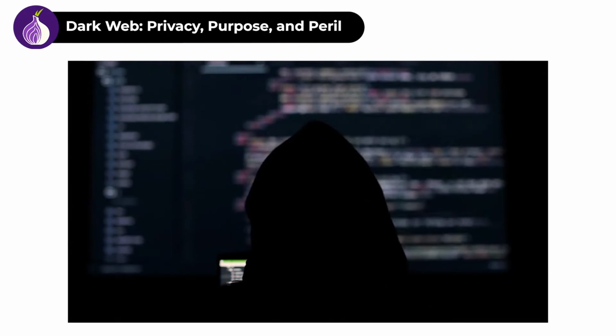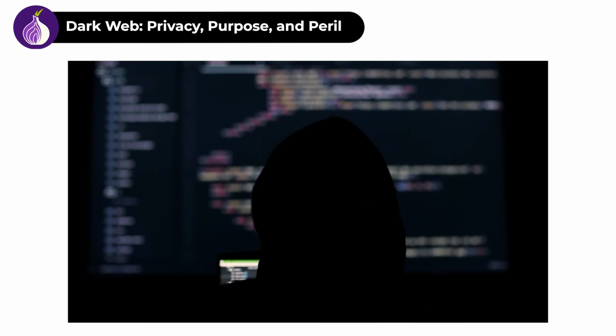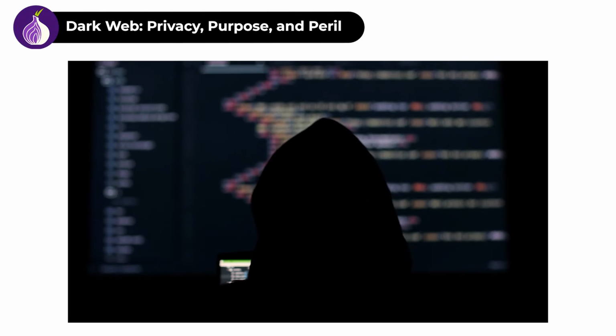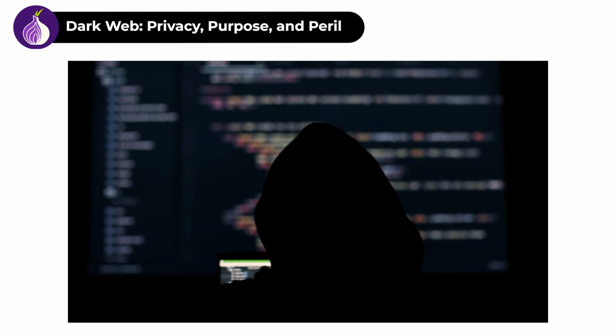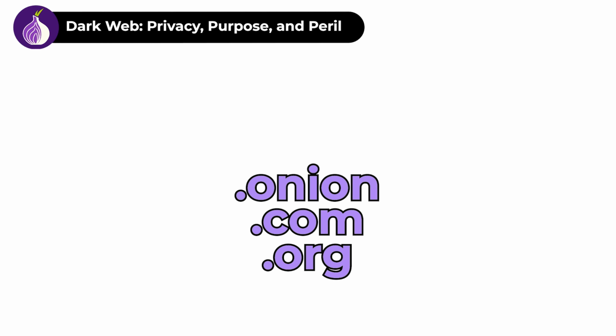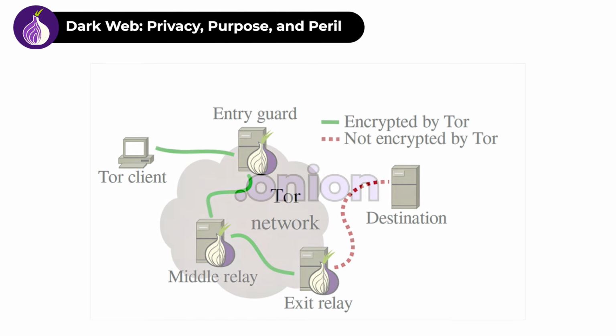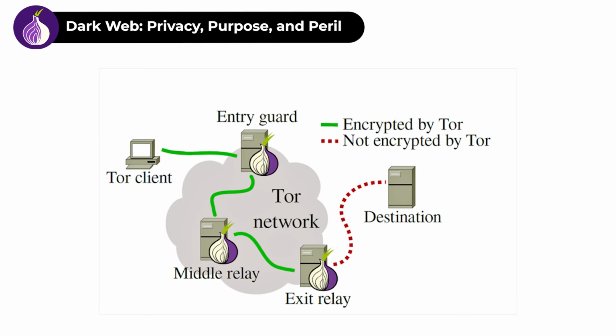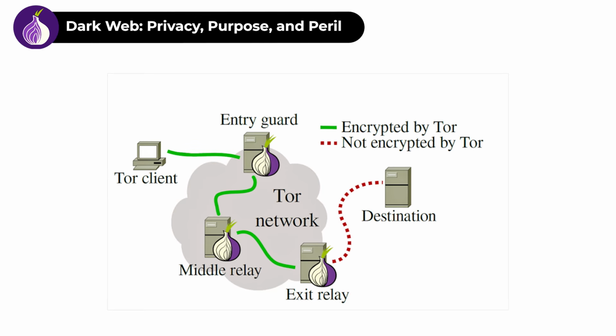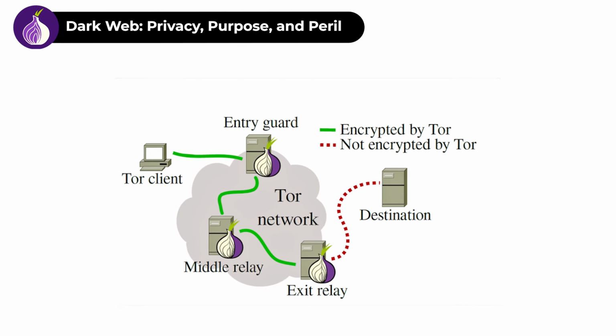What sets the dark web apart from the rest of the internet is its architecture. Websites on the dark web use encrypted networks and operate under special domains typically ending in .onion rather than the standard .com or .org. These sites are hosted on an overlay network that exists on top of the regular internet, but is only accessible via software that supports onion routing.